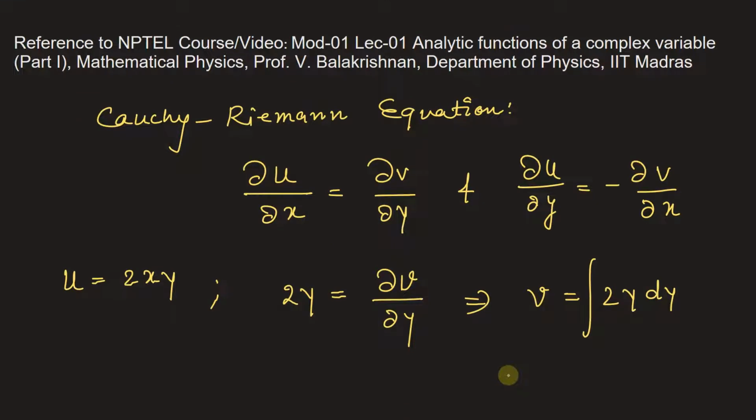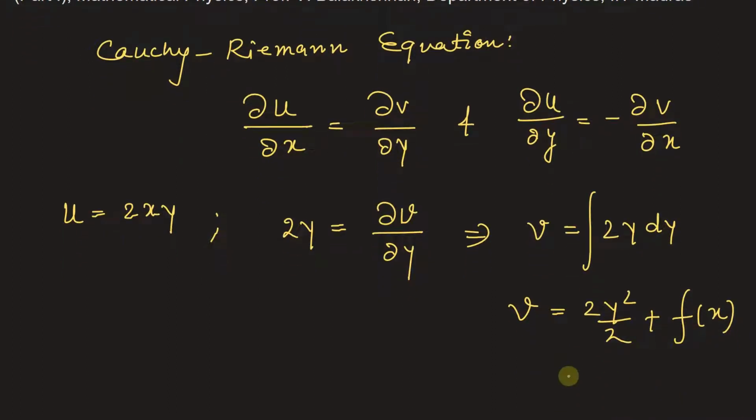Okay, so again v will be equal to 2y square by 2 plus a constant, and the constant will be a function of x because v is a function of x and y both. Here we are only integrating with respect to y, so the constant term we will get will be a function of x. Therefore, from here we can write v is equal to y square plus f of x. Let this be equation number 1.